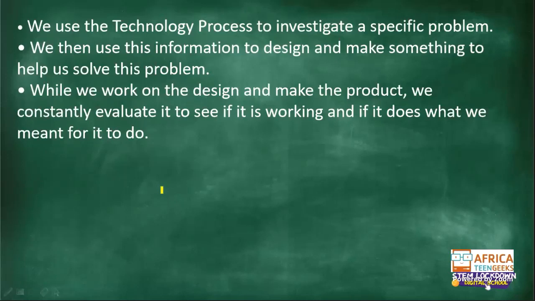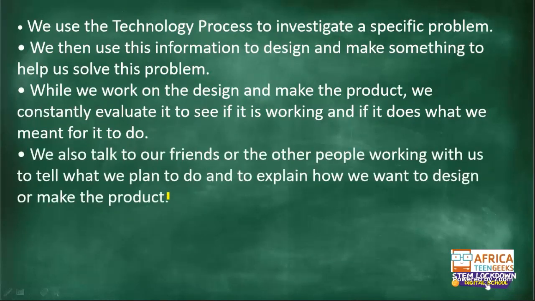So we have to evaluate the whole time. Is it working like it's supposed to? Is it what it is supposed to do? While we're using the technology process, we also talk to our friends or other people working with us to tell what we plan to do and to explain how we want to design or how we want to make our product.